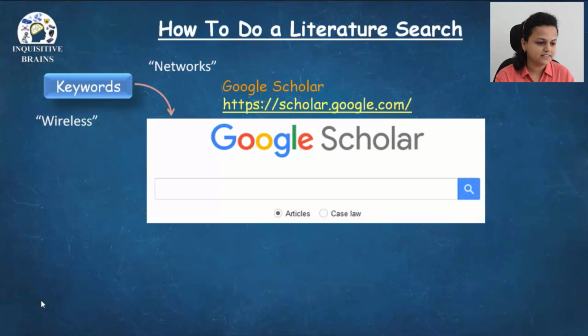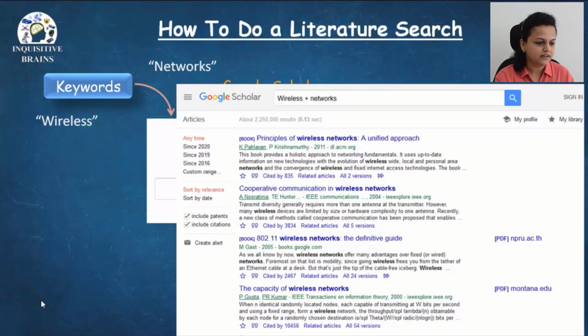Google Scholar is the recommended web search engine that hosts scholarly articles. Now, if we key in the keywords, say wireless and networks, in Google Scholar, then it displays results which consist of books, journal articles, and also conference articles.